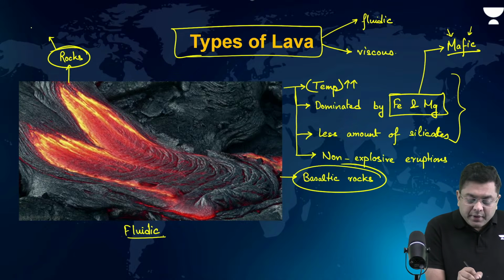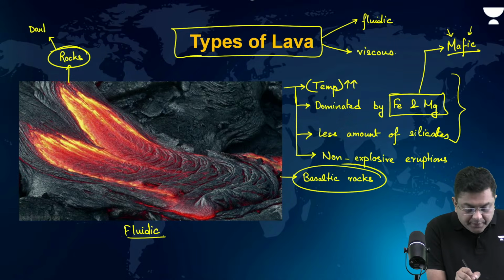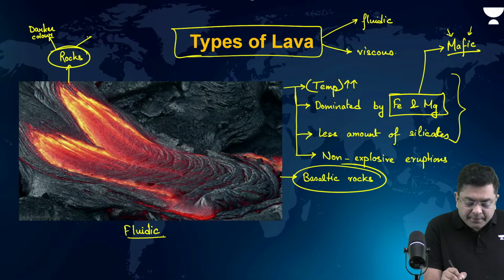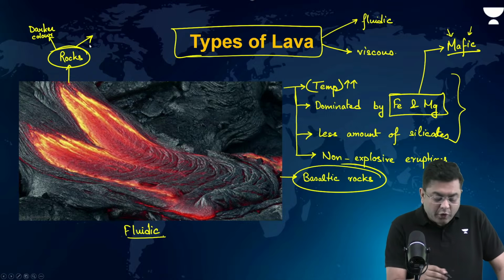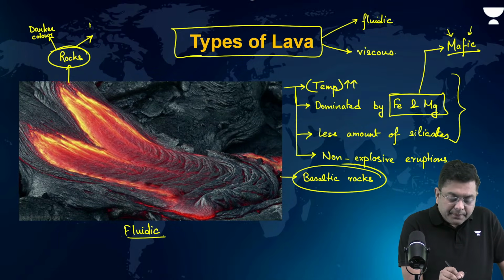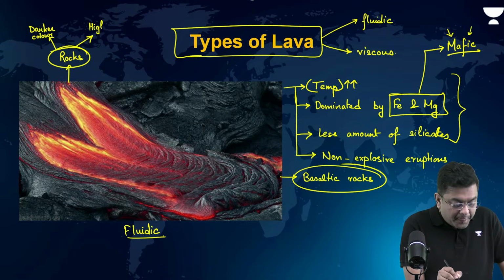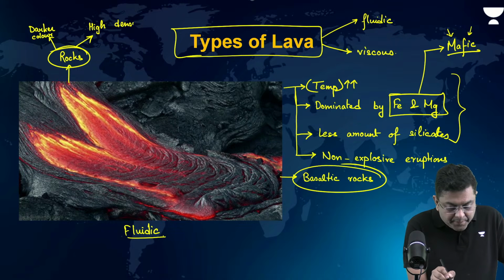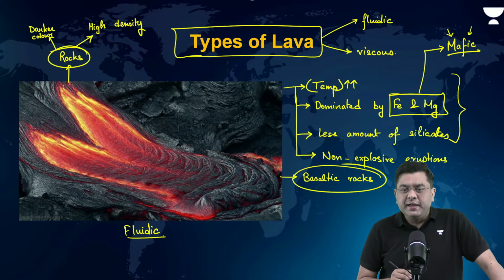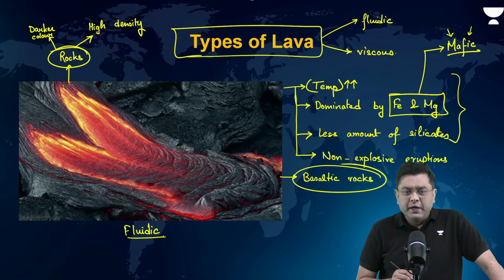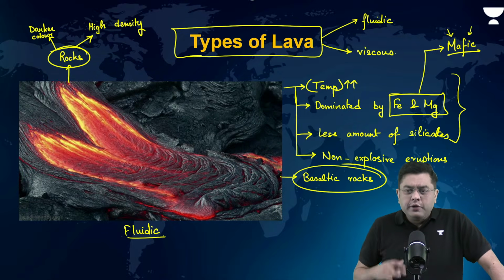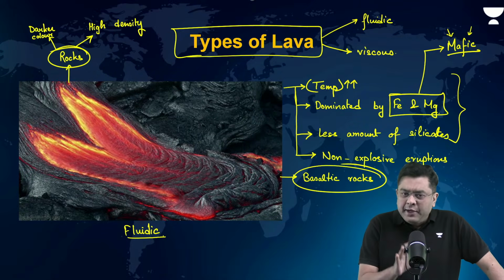This will be darker color, and you will also find the case of these rocks being high density. High density rocks will also be created as a consequence. Okay, because of iron and magnesium. Correct. Good. So I hope till now we are able to recall everything.